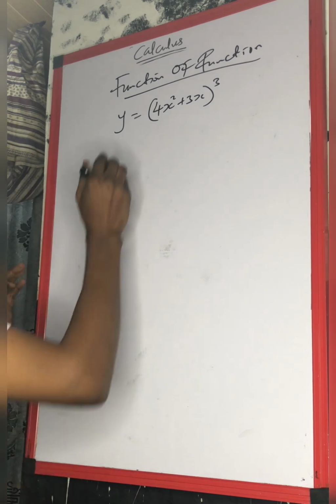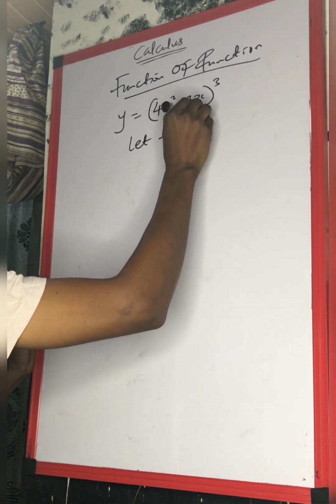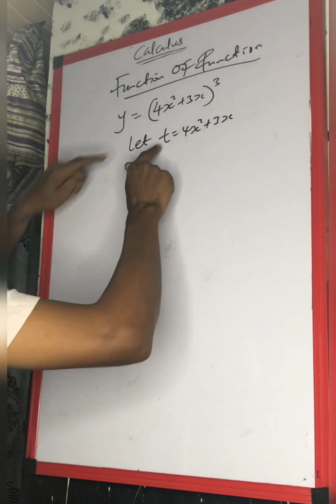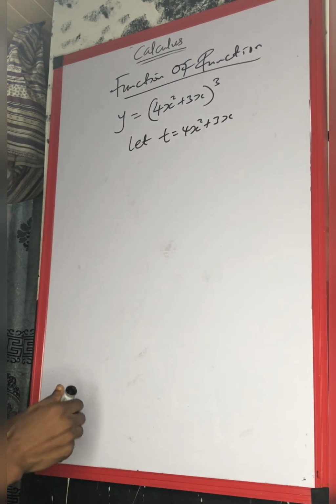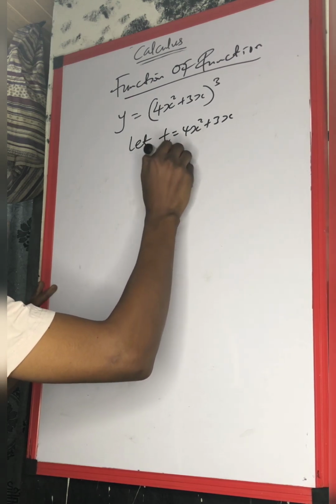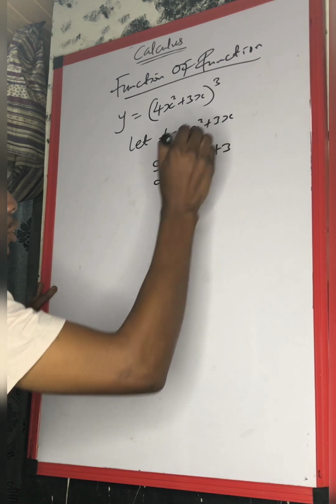I can decide to say, let t equal 4x squared plus 3x. Then you differentiate t with respect to x using the general rules of differentiation. So it becomes dt/dx equals 8x plus 3.